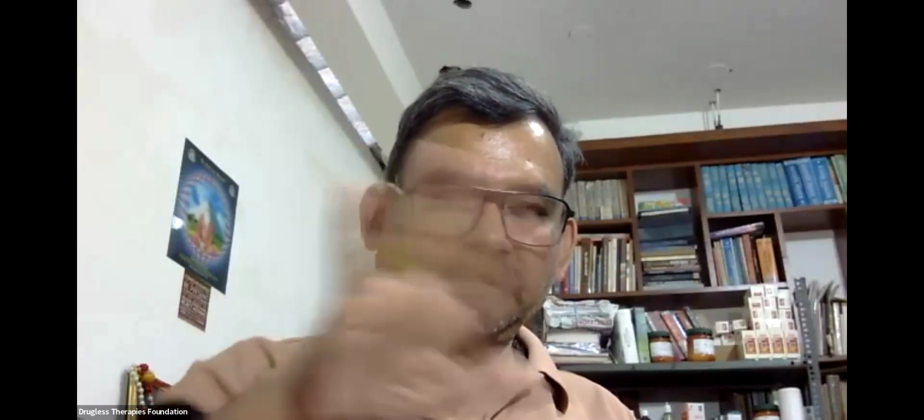So, see our hand: one side is the dark side, another side is the white side. So yin and yang. Yin is this portion, the white portion, and yang is this portion. So sun and moon, day and night. There are so many comparisons in the yin and yang categorization: male and female, acute and chronic.